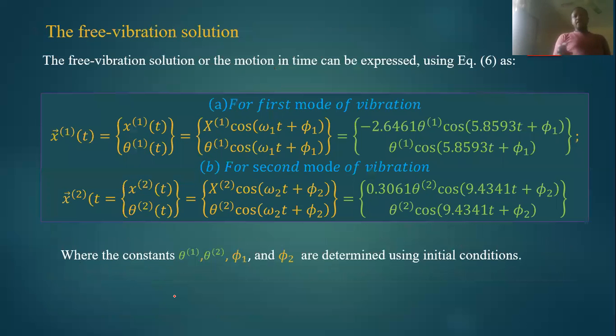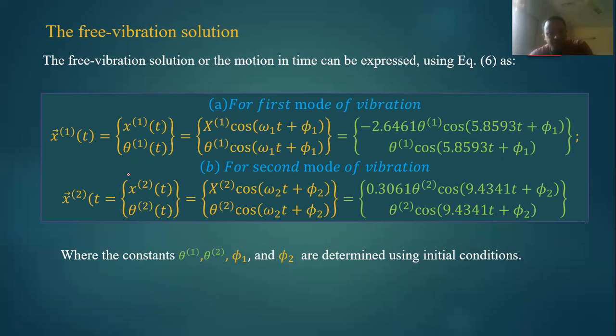Now representing our proper equation, which is one of our requirements. x1 of t equals, just substituting the values of x1 and the theta relation, we have this in terms of theta 1 only, and here also in terms of theta 1 only.